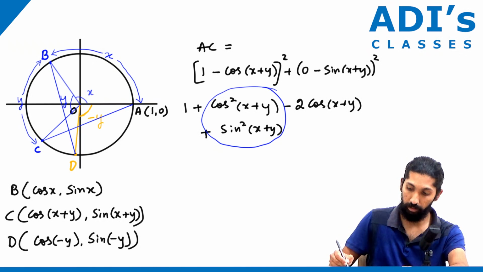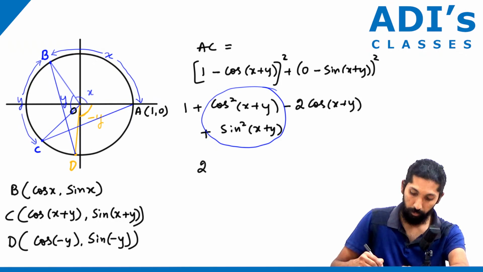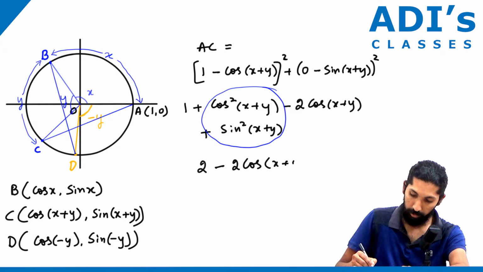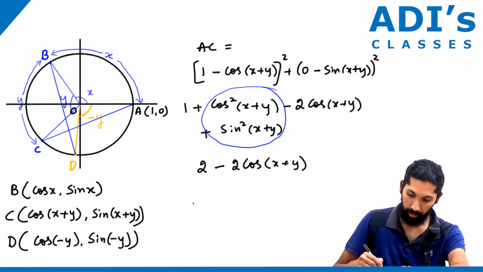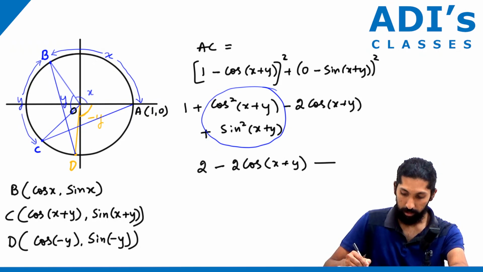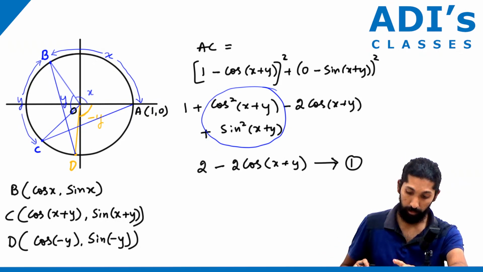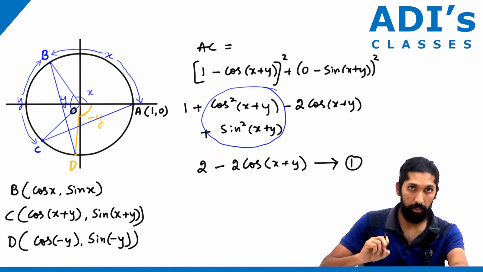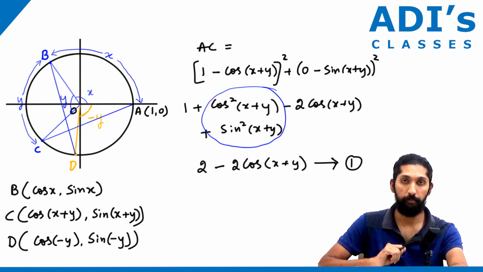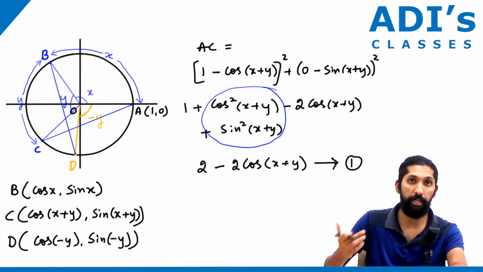So what we can write here? We can say 1 plus 1, 2 minus 2 cos of (x plus y). Call this as equation number 1. Okay, remember this is equation number 1. 2 minus 2 cos of (x plus y). Now we calculated AC. Next we'll calculate what is BD.